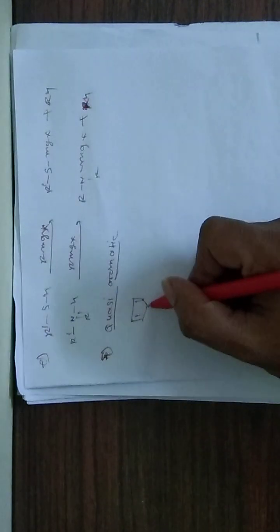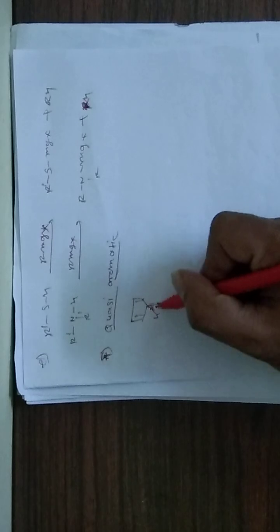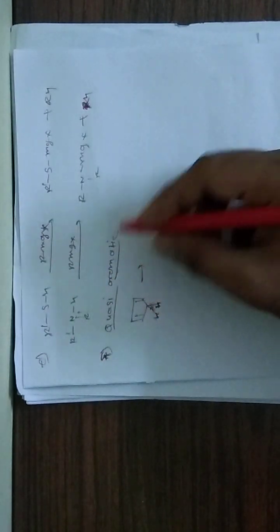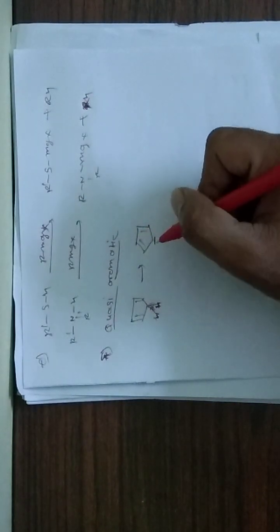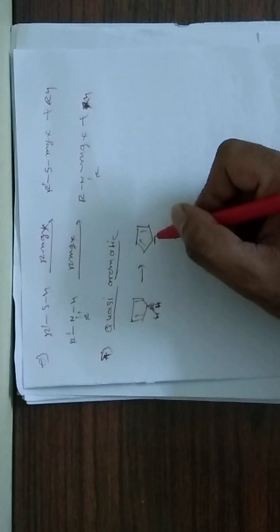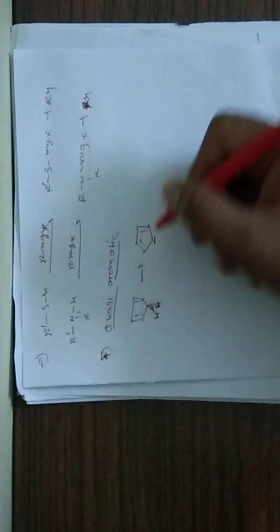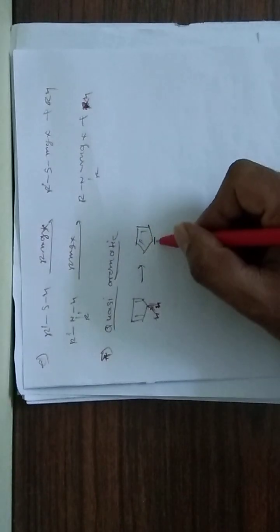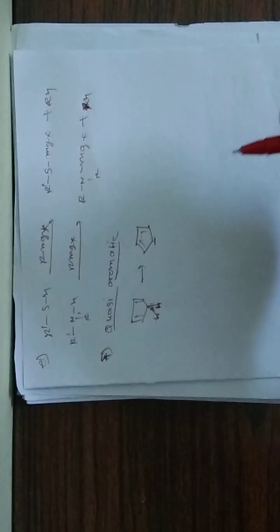Why is this the acidic proton? Because if you remove one proton from here, what will form? Now see here, every carbon is sp2 hybridized, 6 pi electrons are here, then it becomes aromatic and highly stable. Therefore this negative charge is very stable, so this proton is an acidic proton.